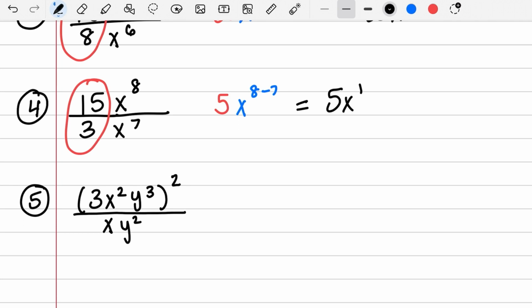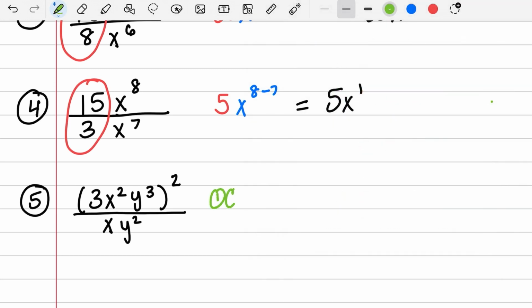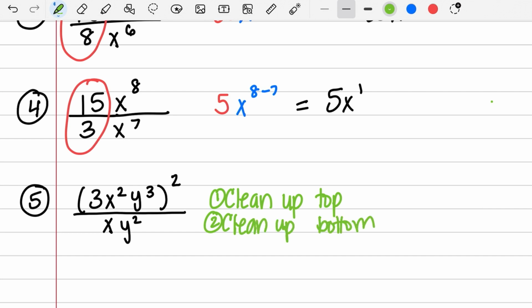So there's a lot going on with this problem. Anytime we have a fraction, your first rule is always going to be clean up top and then clean up bottom. So let's go ahead and start with this whole top section right there.